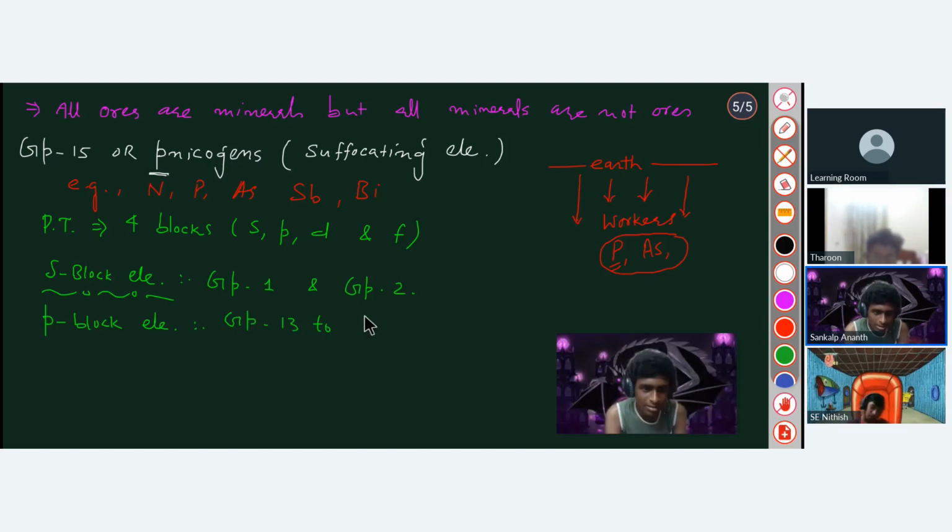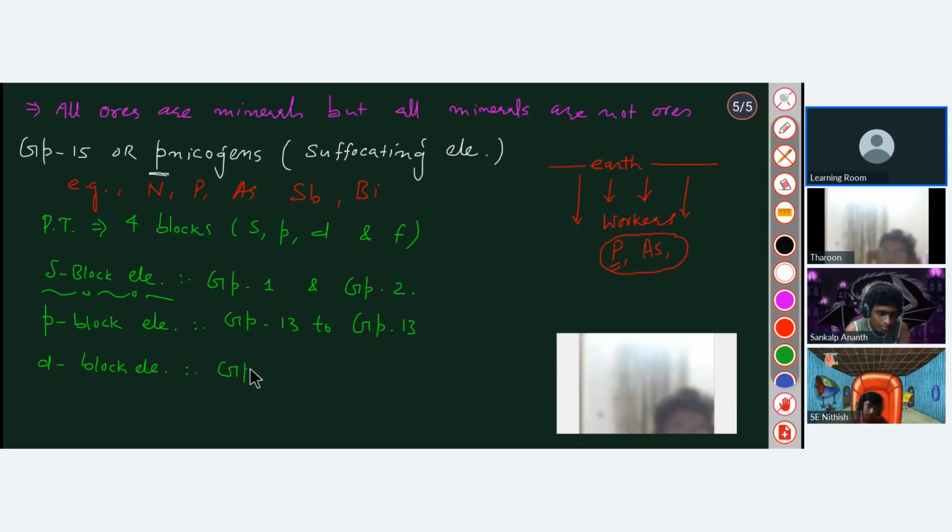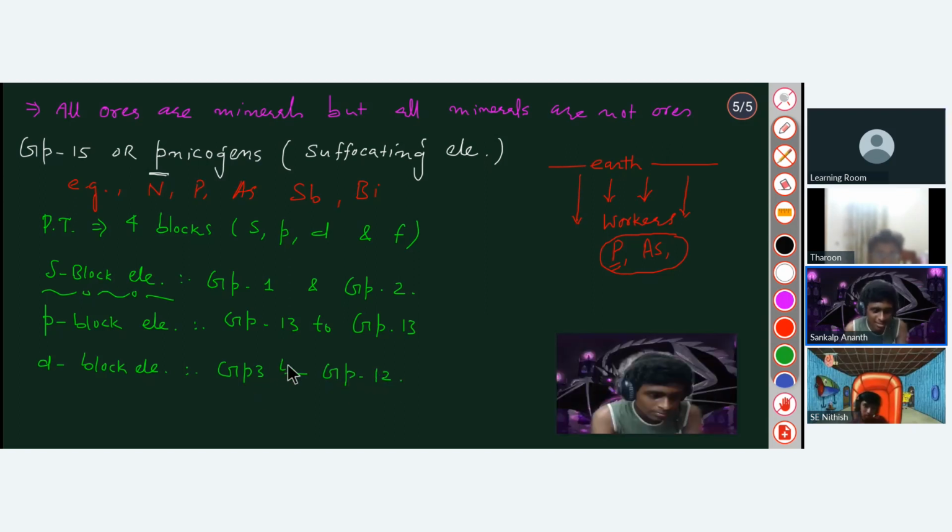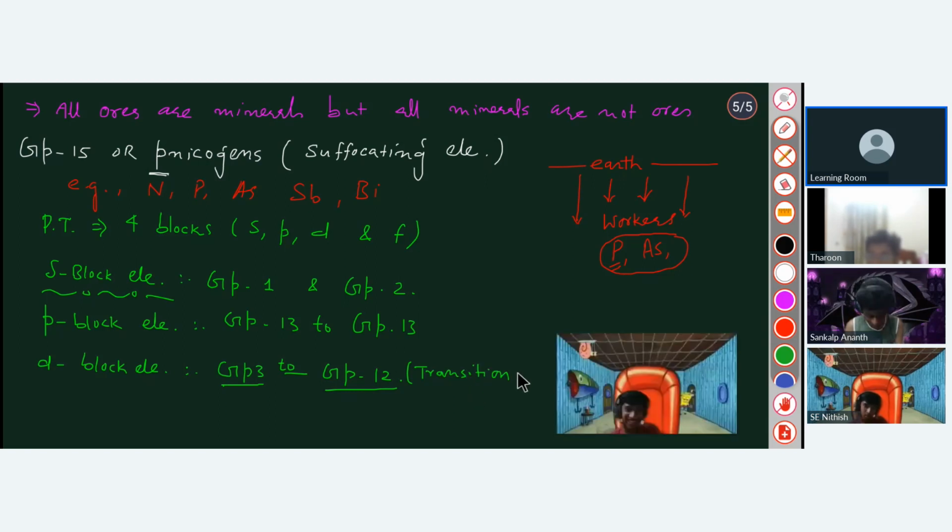D block elements are from group 3 to group 12, which are the transition elements. So you will remember that D block elements are known as transition elements.